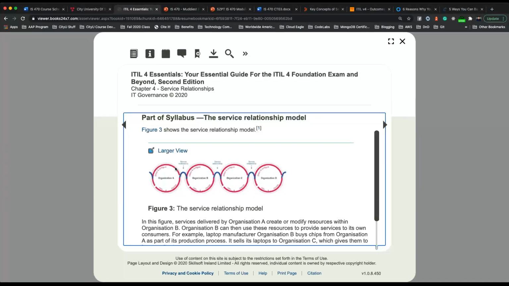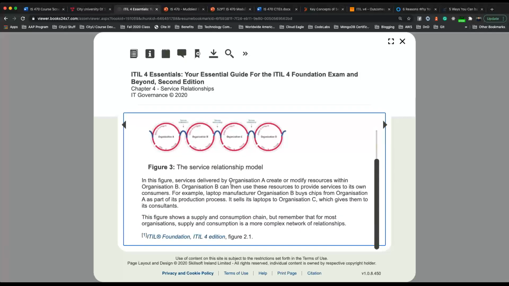So organization A would provide the service and connect to organization B. And B is the consumer, but B can also provide a different type of service. An example here would be, let's say, organization A creates or modifies resources within organization B. Organization B can use resources to provide services to its own consumers.